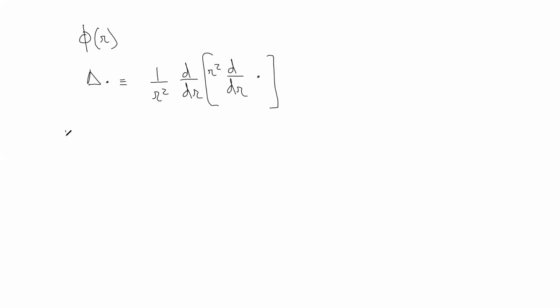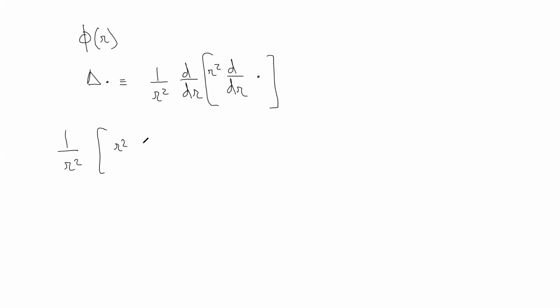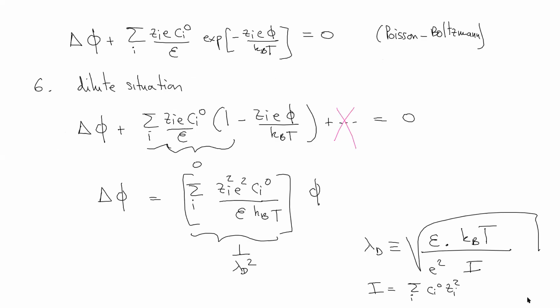So now I can transform the previous equation into, of phi prime, with prime being d over dr, just a notation, equal to, what do we have? We have phi over lambda D squared.